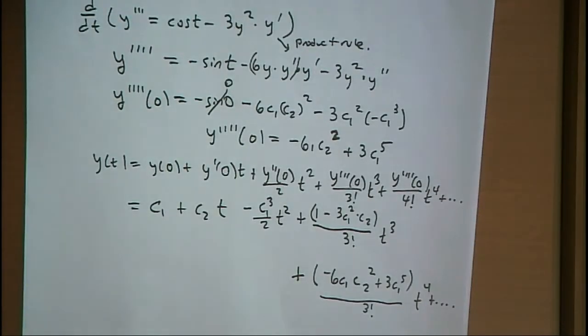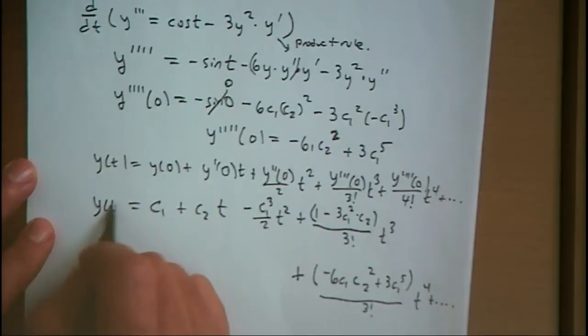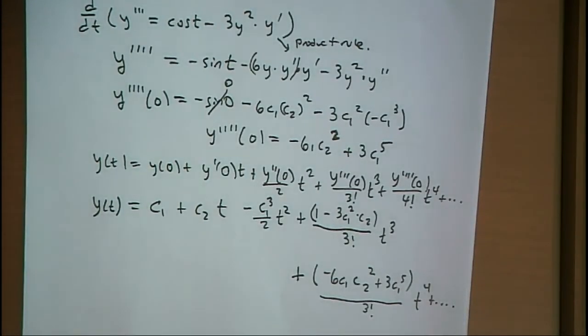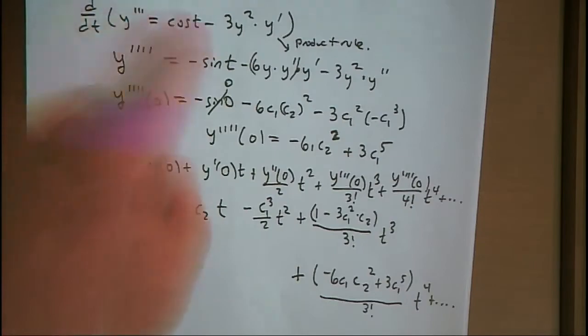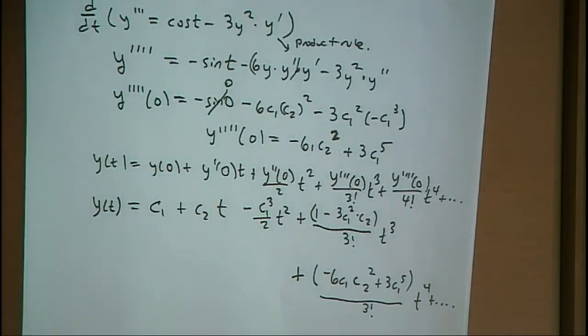So as you can see, you're going to actually use this to find general solutions, or at least approximate general solutions. Because you've got your C1s and C2s here, which actually do make up your general solution. But we only found 5 non-zero terms, so it's limited in what you can do without technology. It's not that great by hand. Okay, so that's how you can use this method still to get a general solution.